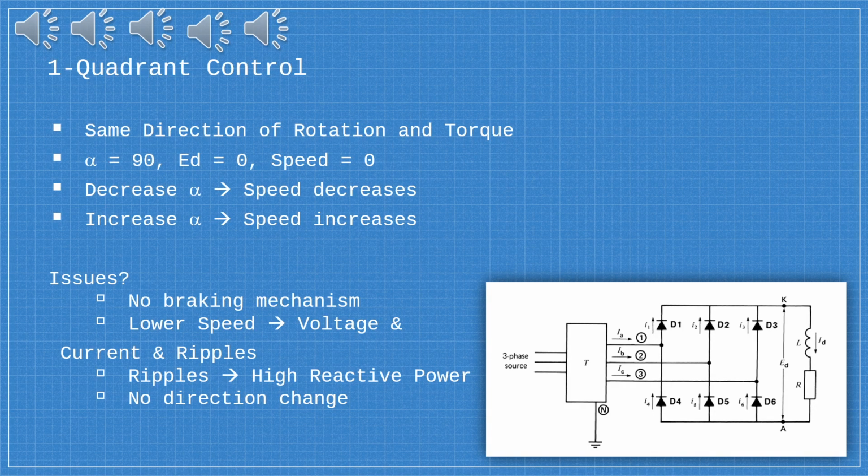Furthermore, there are issues if we try to operate the motor at lower DC voltages. As demonstrated previously, at higher firing angles, the ripples in the voltage increase, and this increase in ripples contributes to a higher reactive power consumption by the three-phase rectification circuit.